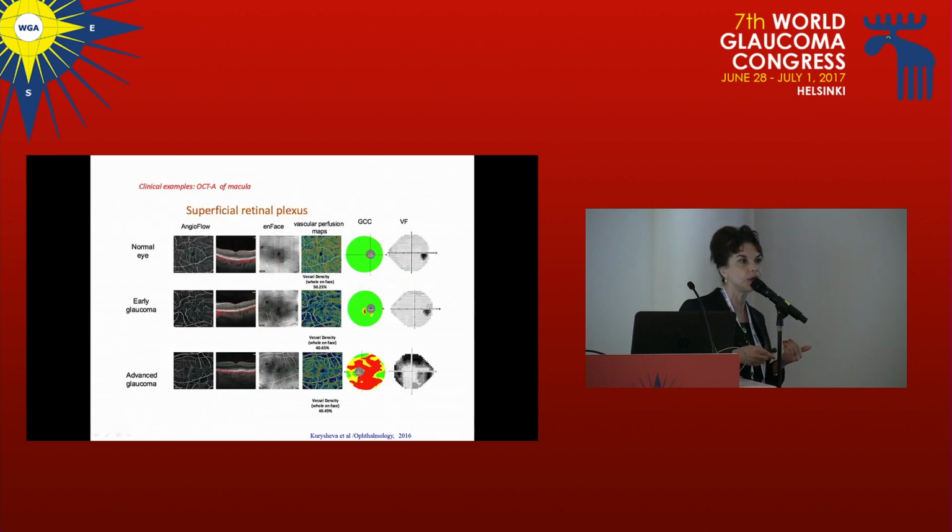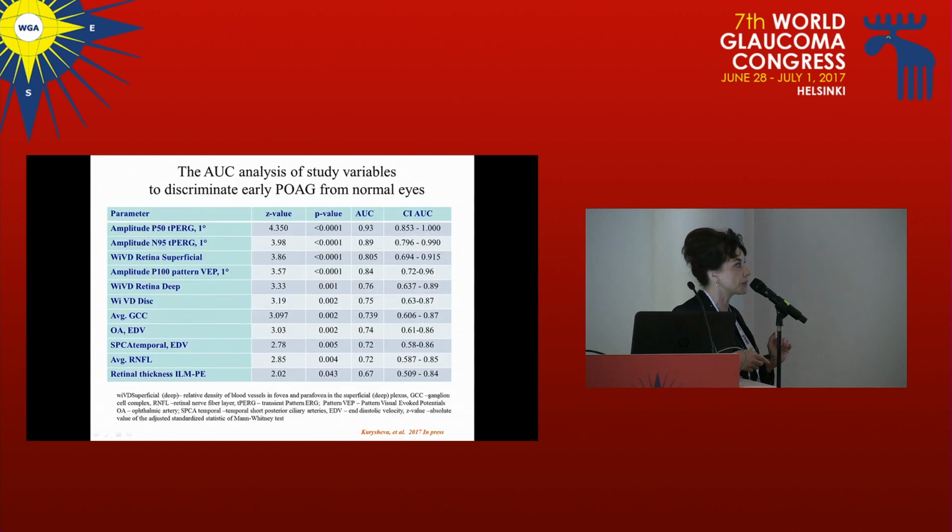In regard to early glaucoma detection, it was the macula where the dropout of vessel density was clearly shown at the very beginning of the disease and even preceded structural and functional loss. Along with parameters of pattern ERG, the vessel density in the superficial macular area had the highest diagnostic ability, even more pronounced than average retinal nerve fiber layer thickness.